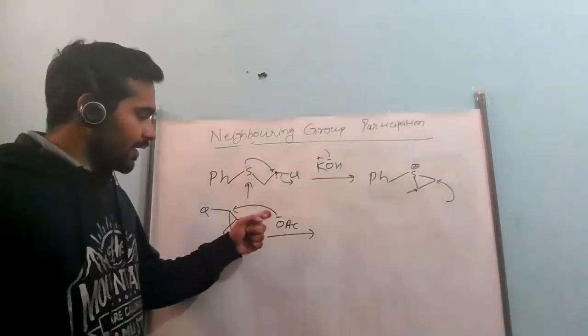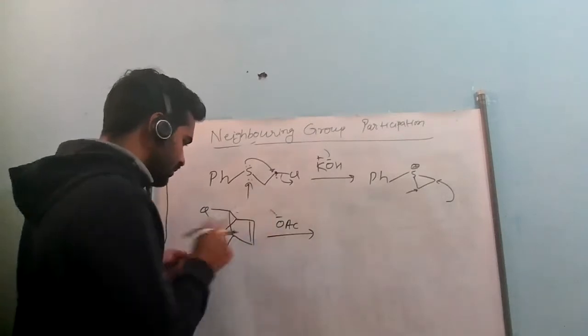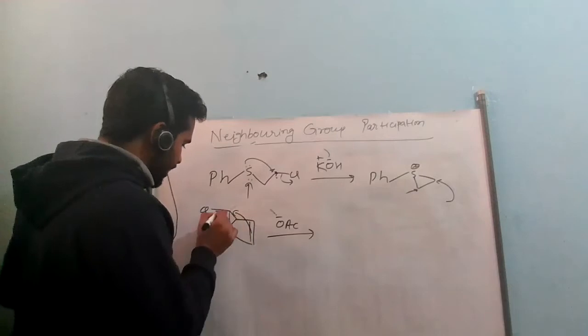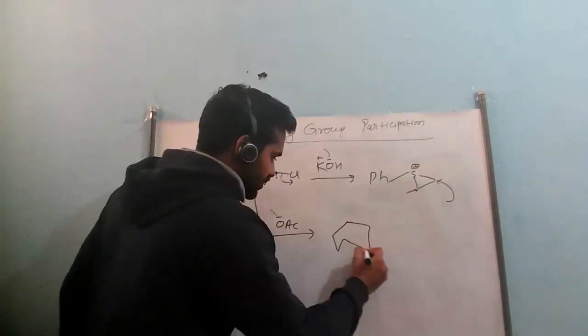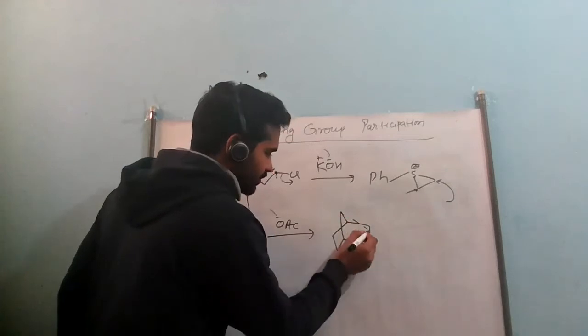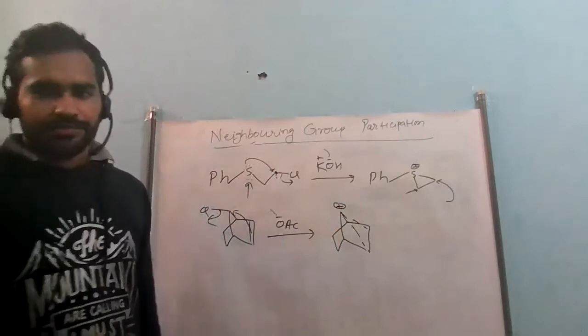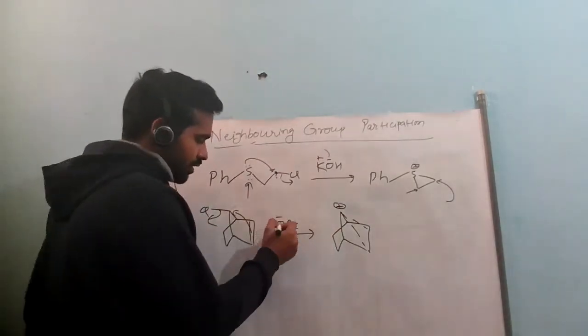But before attacking, this double bond interacts here and this C-Cl bond cleaves out and we get the cyclic transition state like this. Here we get positive charge.